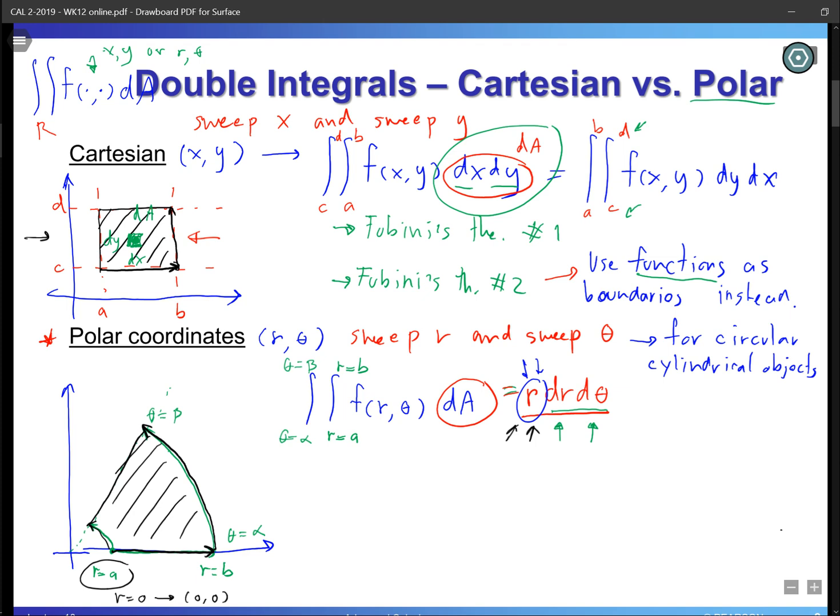Sorry for the color, it's different from up there. So I'm going to use red to make it easier to see. So starting right here, I'm going to sweep a little bit in r direction. So going away from the origin in terms of radius, so goes out like that. Oh, that's not nice. Let me fix that.